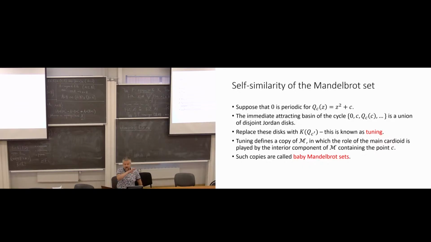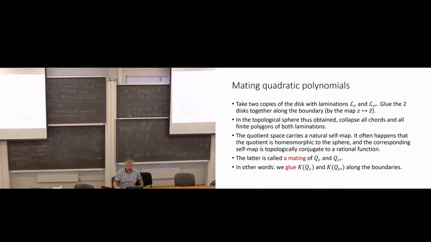And you have a freedom of putting many different filled Julia sets there, depending on where in the Mandelbrot set you choose a parameter. In this way, you create a small copy of the Mandelbrot set, which is called the baby Mandelbrot set. So this is a kind of explicit description of self-similarity.